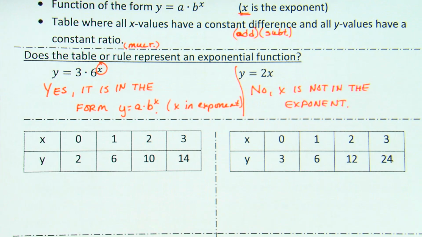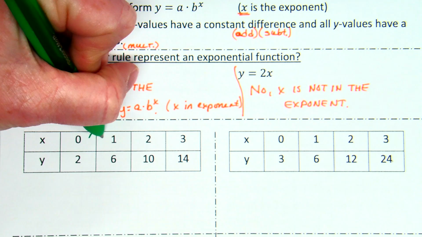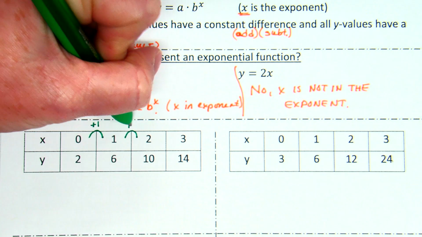Y values have a constant ratio. What do I mean x values have a constant difference? They add or subtract. So, look at your x's. How do you get from 0 to 1? You add 1. How do you get from 1 to 2? 2 to 3. So does it work? Now, what do the y values have to do?